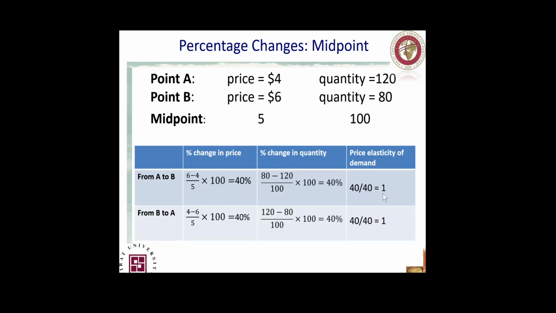And we will speak about it. This is unity, unit elastic. If we apply from B to A, we will get the same. You can do this procedure, and you will see there is no difference here.